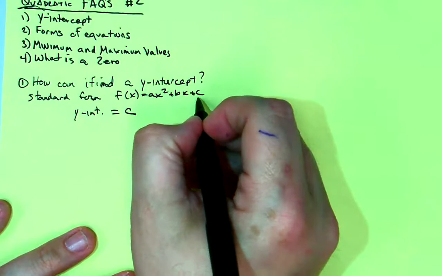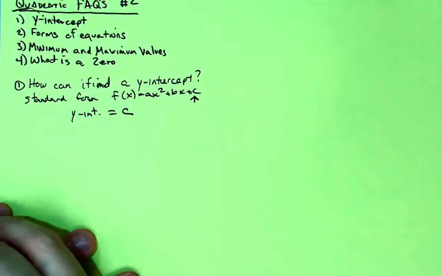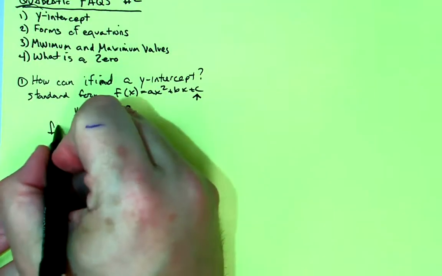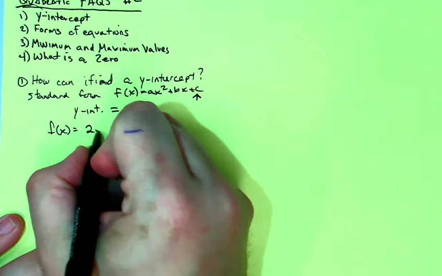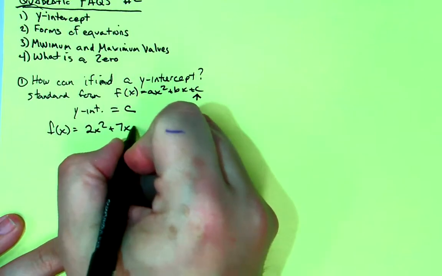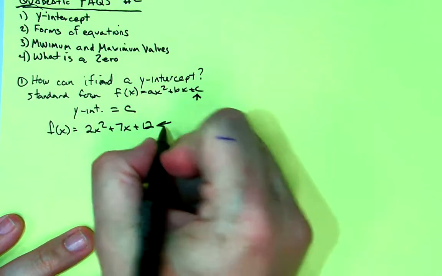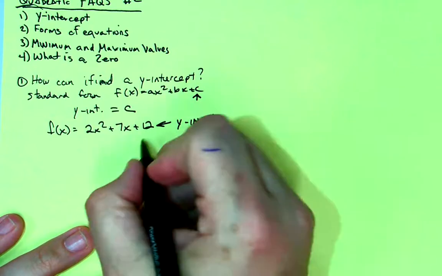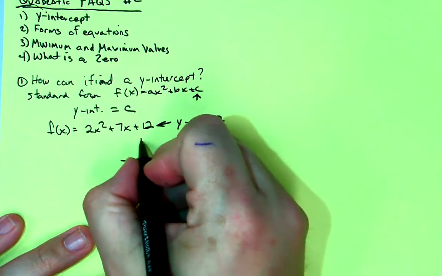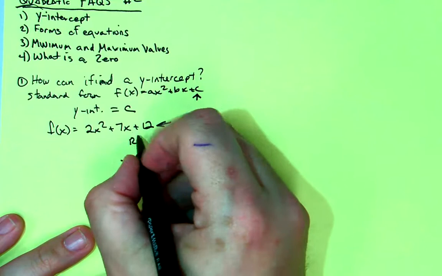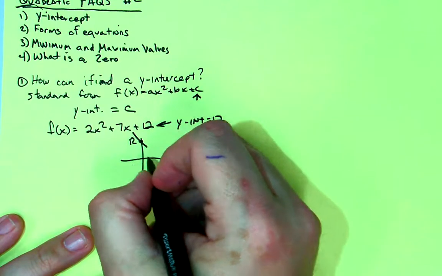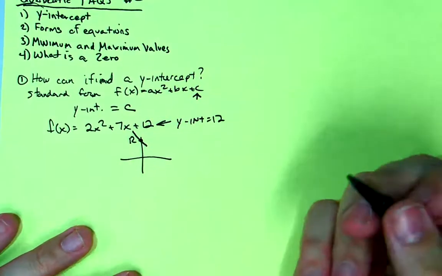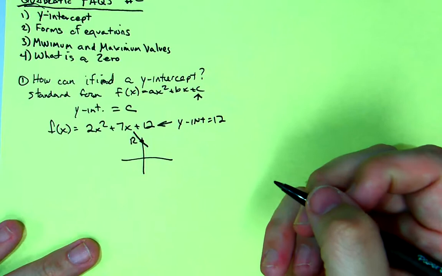So if we have f of x is equal to 2x squared plus 7x plus 12, bam! The y-intercept is equal to 12. So at least we know that up here at 12, the parabola is going to go right through it somehow. We don't know anything else, but at least we know that's going to be the case.